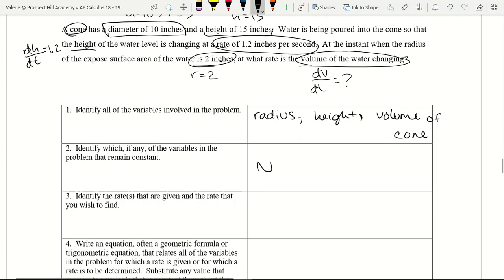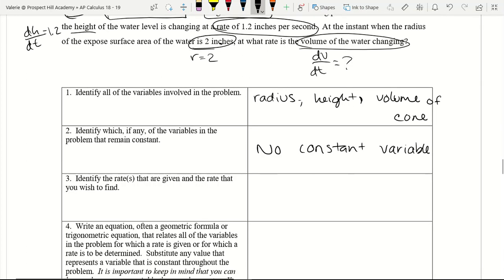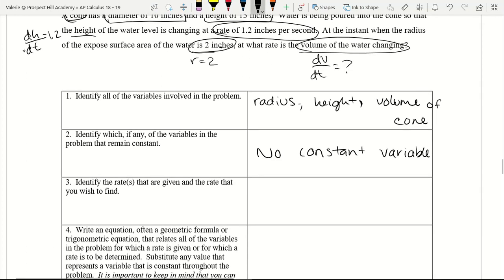So there are no constant variables. However, we have the rates dH dt, which is equal to 1.2 inches per second, and we're looking for the rate dV dt, which will be some number, and since it's volume, inches cubed per second.